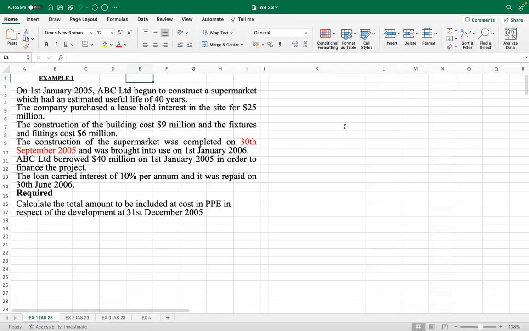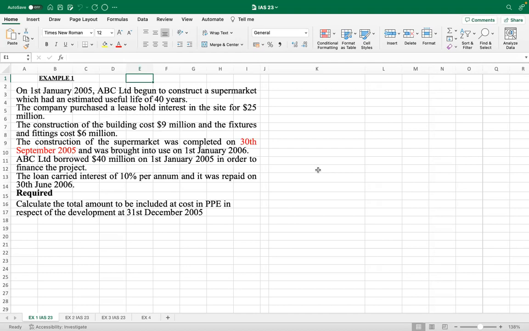So it's the same question. I've now projected it in Excel. So the question was read: on 1st January 2005, ABC Limited borrowed a loan or began to construct a supermarket. Of course, construction of a supermarket will take a significant period of time, and the useful life of this asset is 40 years.